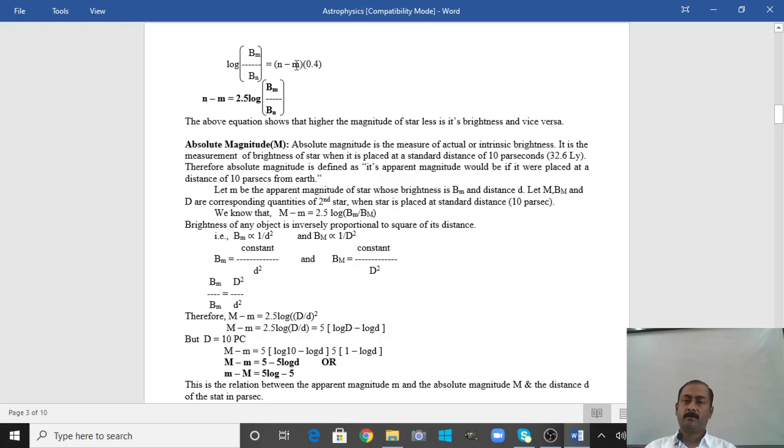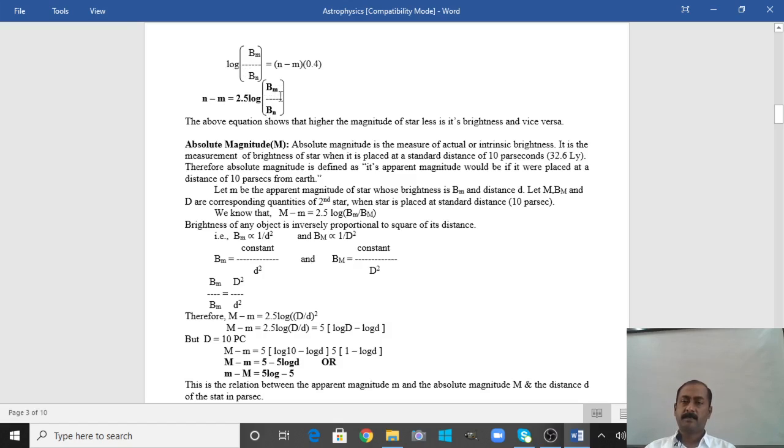When 0.4 comes to the LHS in the denominator, on simplification we get n minus m equals 2.5 into log of Bm by Bn.